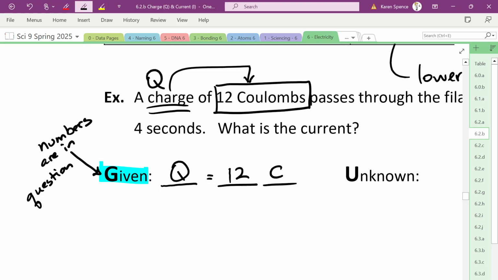What's our other number? We also have 4 seconds. So we're going to fill in something equals something, something. So we need, what's our quantity for 4 seconds? What are we measuring?